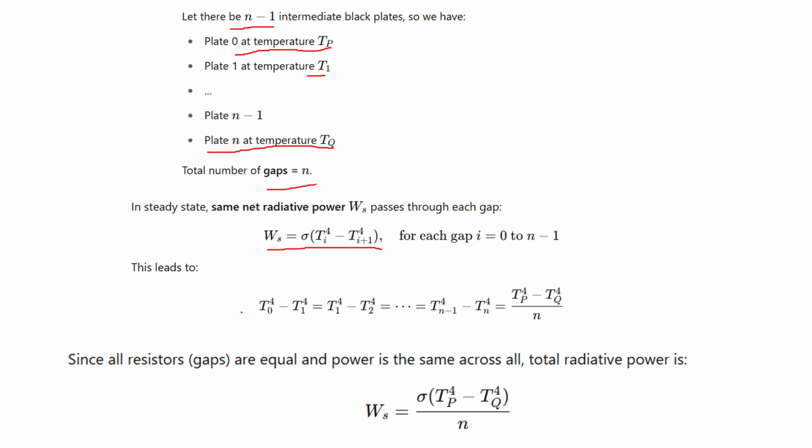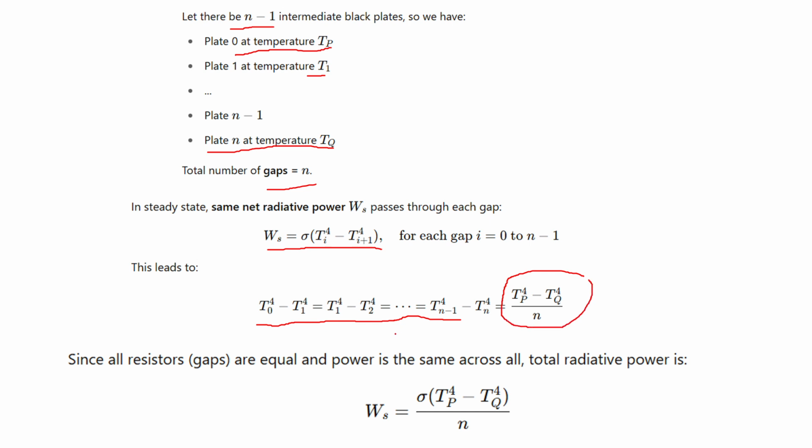So this leads to, in the steady state, an equation like this: T0 to the power 4 minus T1 to the power 4 equals T1 to the power 4 minus T2 to the power 4, and so on. So finally we can get this result: Tp to the power 4 minus Tq to the power 4, divided by n.